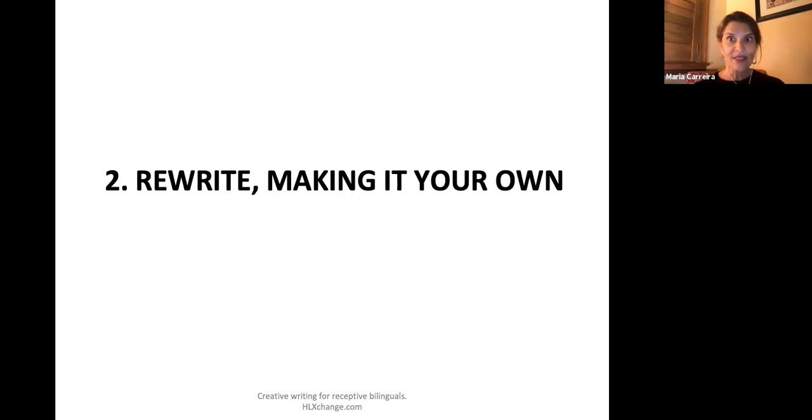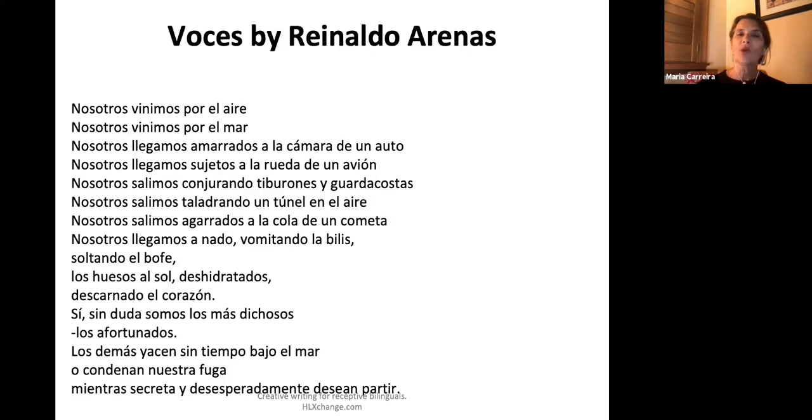To illustrate this activity, I'm going to use a poem called Voces by a Cuban writer named Reinaldo Arenas. I'm not going to read this poem. I will simply tell you that it's a poem where he describes how Cubans arrive in the United States, Cuban refugees, right?